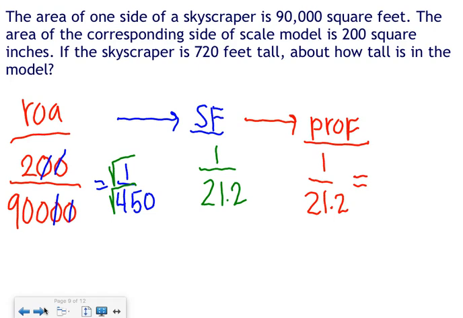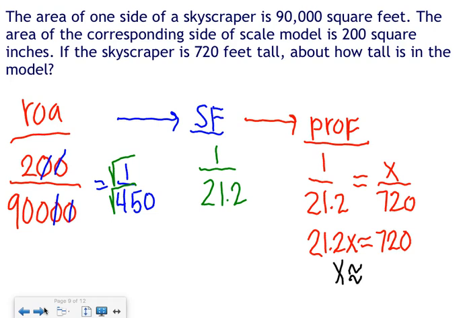Does 720 go on the top or the bottom? Bottom. Equals about 34? 33.9 rounded.